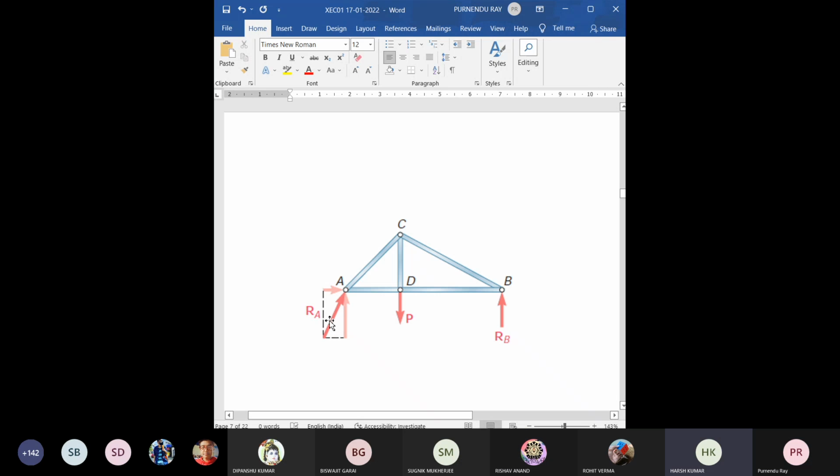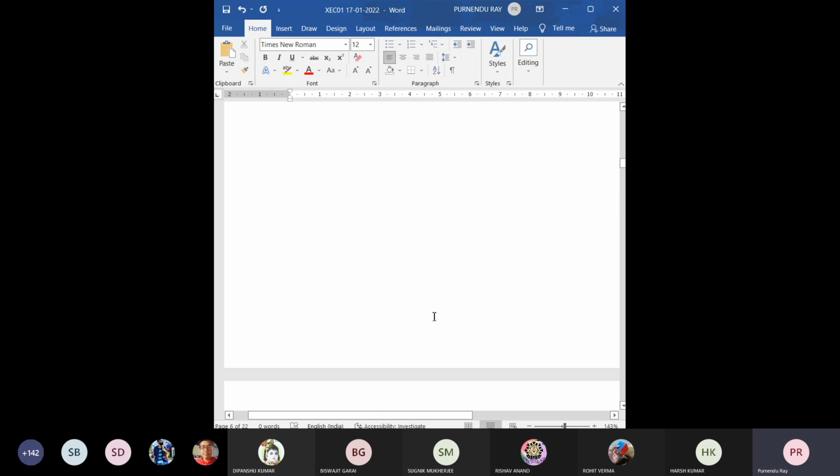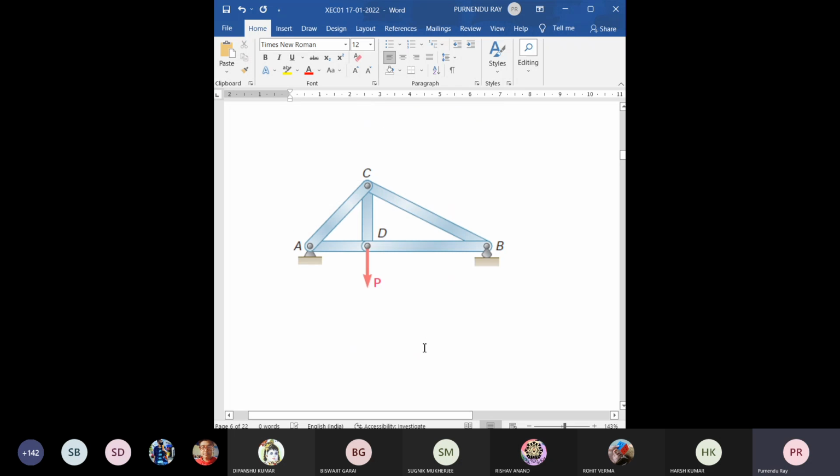Sir, this thing I couldn't understand. How are you figuring out that one reaction force is inclined and one reaction force is vertical? RA is inclined and RB is vertical. RB is vertical because in the horizontal direction there is no resistance or restriction against horizontal movement. It is resting on this support.